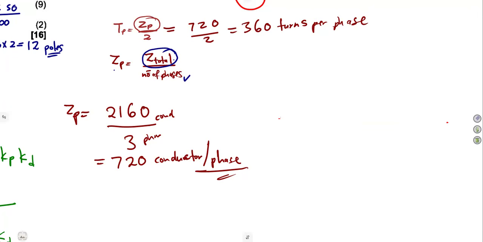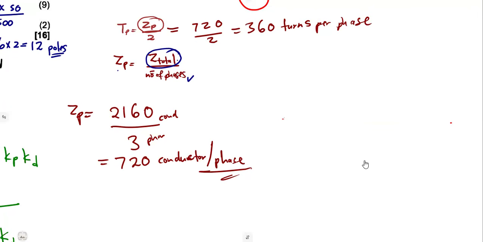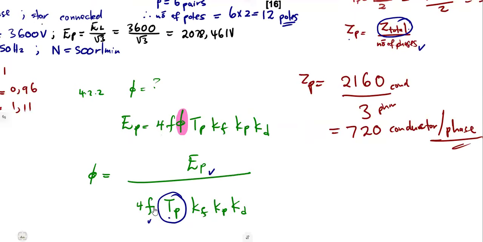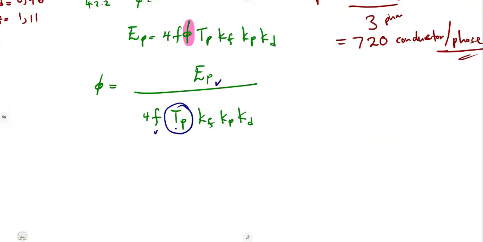So with that, we can use it to calculate what? That is the part that was missing on our formula. The useful flux per pole can be determined by substituting these values. Remember, guys, what you were having here. So your EP is there.